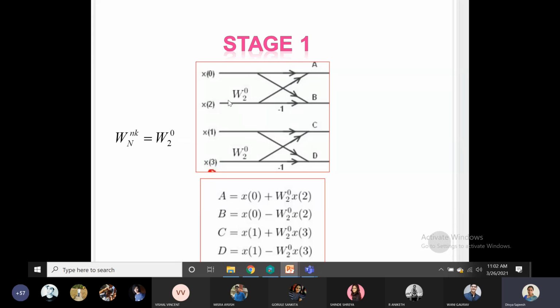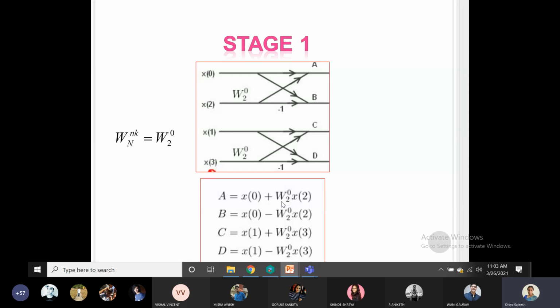Only the second input of the diagram will have multiplication with the twiddle factor and the minus 1. Similarly, for the second butterfly, the inputs are x1 and x3. Here also the second leg of that input will be multiplied with W_2 raised to 0 and minus 1. So these are the equations in the first stage.